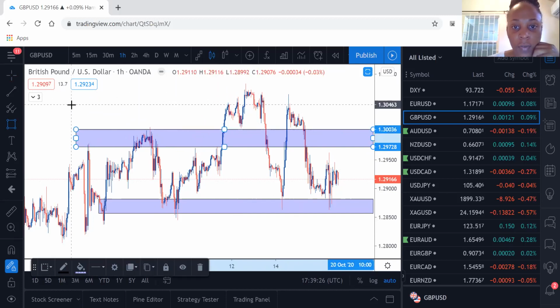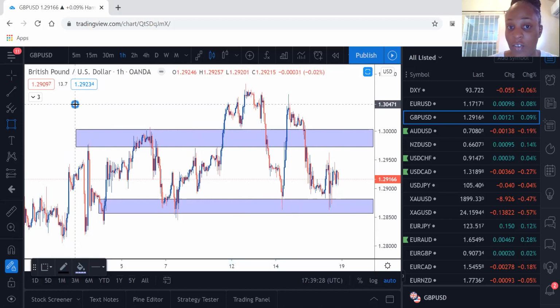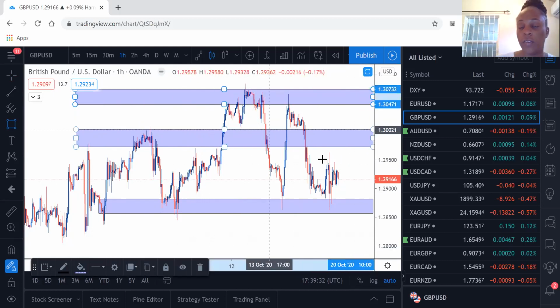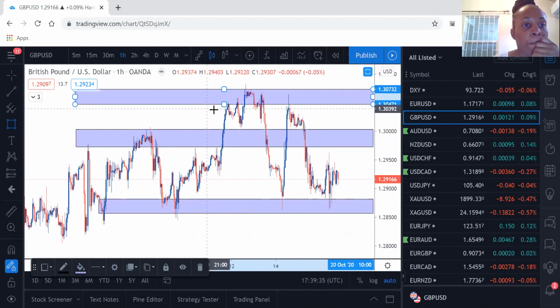We got the head at the top as well. Well, we don't know it's a head and shoulder yet, but we see a reversal zone out here. So I draw my 3 zones on the time frame that I'll be trading. So I asked myself, I could see a scoop, right? I see a scoop, and then the market broke out.